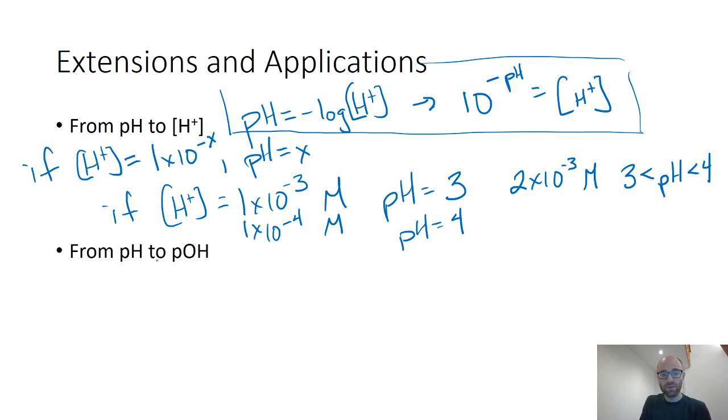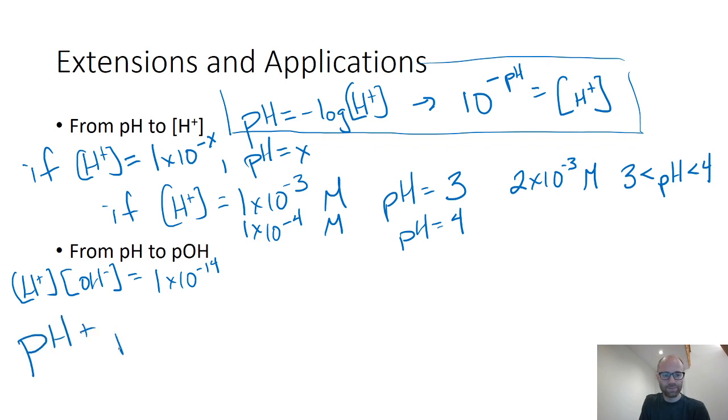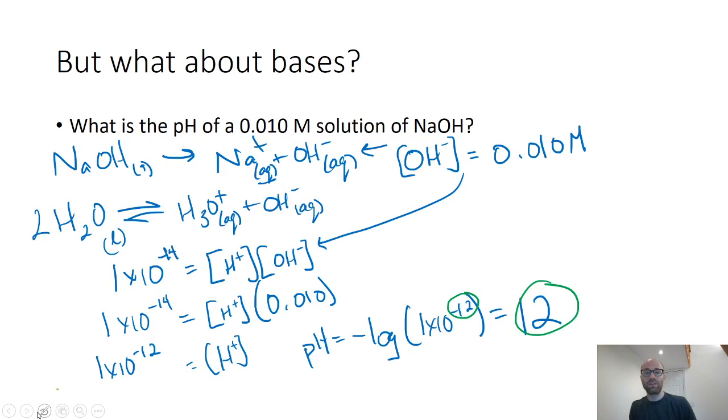You can also relate pH and pOH. This equation that we wrote here, and that I keep repeating, if you perform some logarithmic magic to it, you get this. And this would be a potentially much faster way to solve the previous problem.